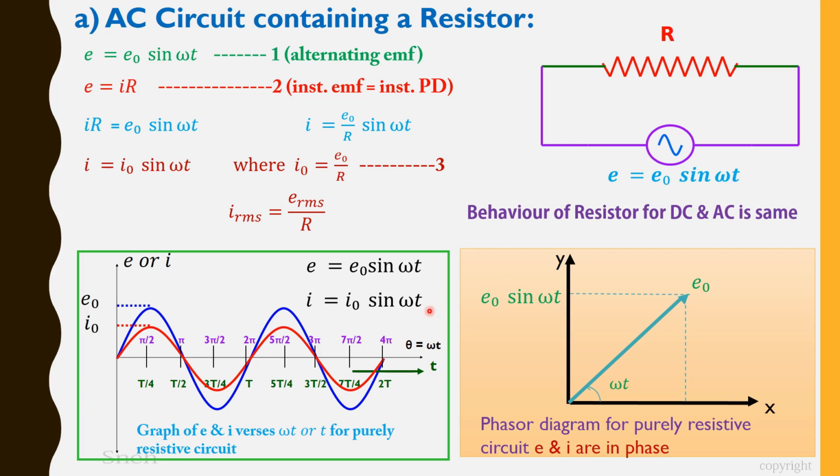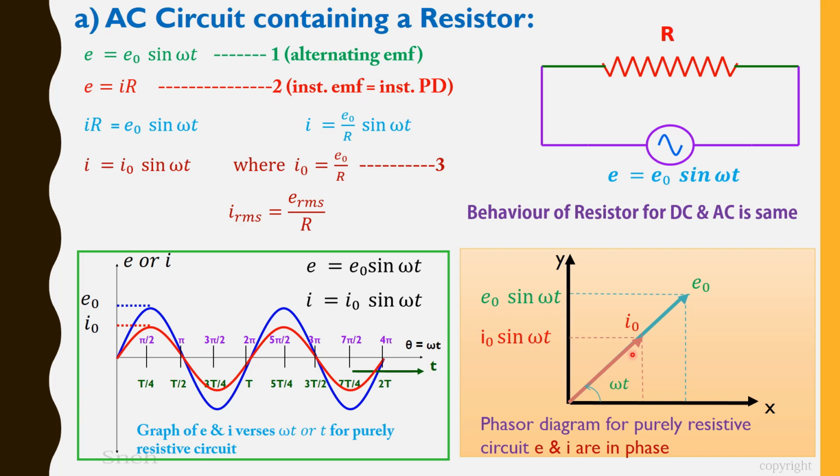Since both vary similarly, there is no phase difference between these two. Phase difference is 0 because both are starting at the same point. Here I'll draw the current along the same line, only the length of the current vector is smaller than that of the EMF vector, as we have seen here also.